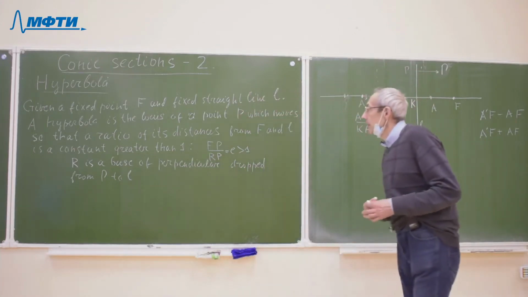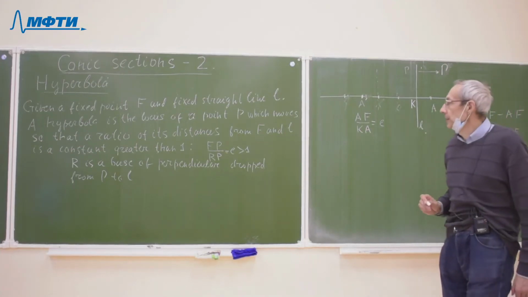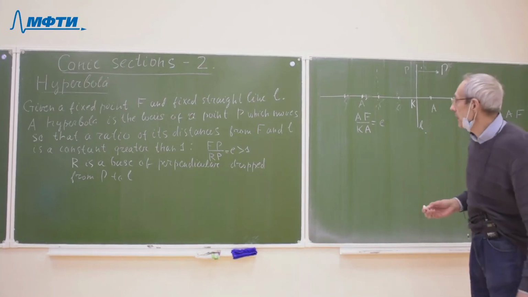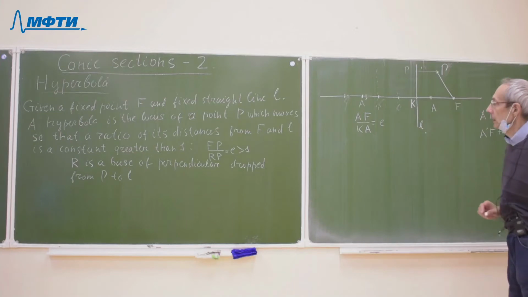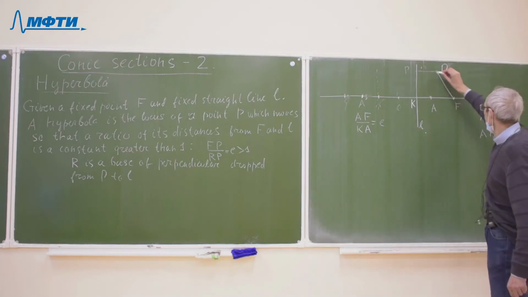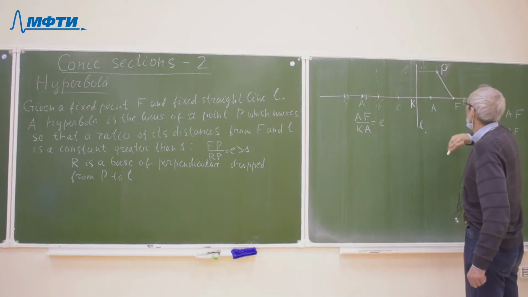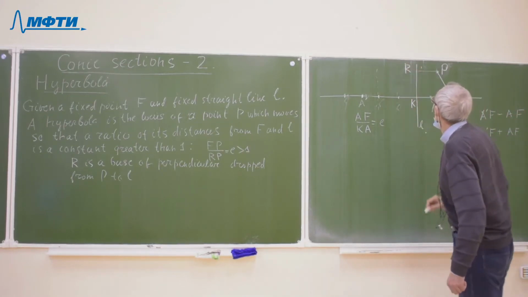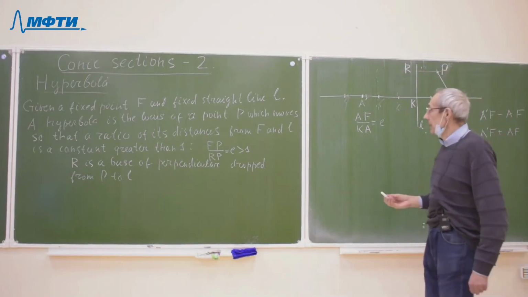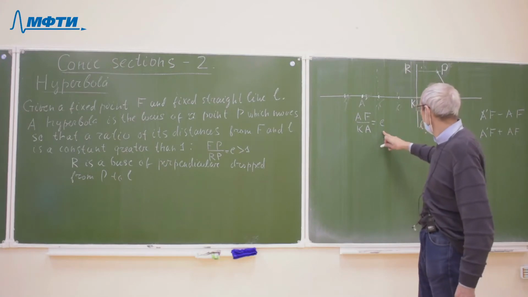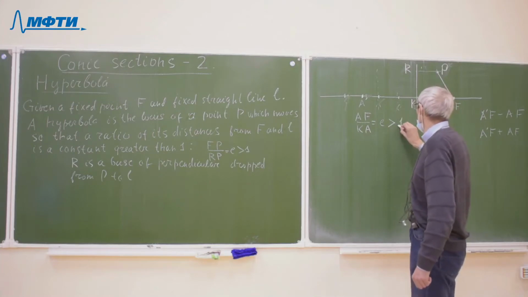A hyperbola is the locus of a point P which moves so that the ratio of distances from P to F and from P to L is a constant greater than 1.